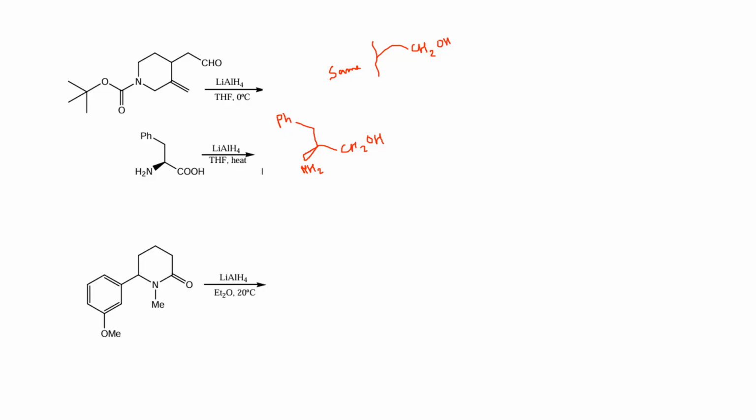Next is this one. Here one amide group is there. There is no other such functional group, so this amide group will be reduced to primary amine, and we get this as our product.